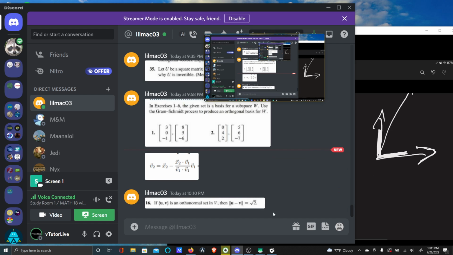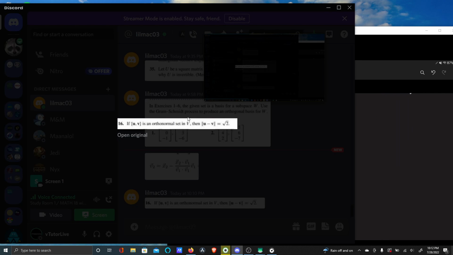I assume it's just like R2 maybe? Oh wait, no, we just have to verify the statements. Gotcha, but does it have any definition for what capital V is?